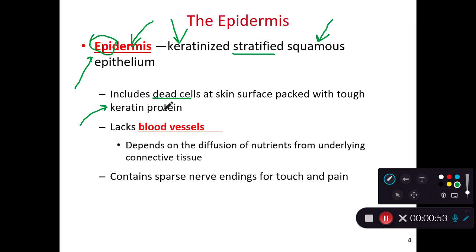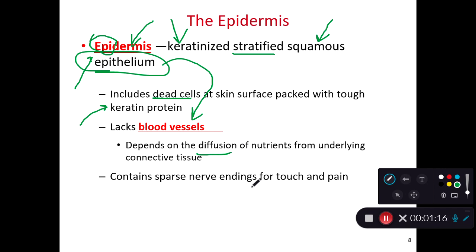It's worth emphasizing that this is an epithelium, and because it's an epithelium, it's going to be avascular. It lacks blood vessels. So to get nutrients for tissue growth and cell growth and maintenance, we're going to depend upon diffusion from the underlying connective tissue of the dermis, which the epidermis sits directly on top of, or directly superficial to.